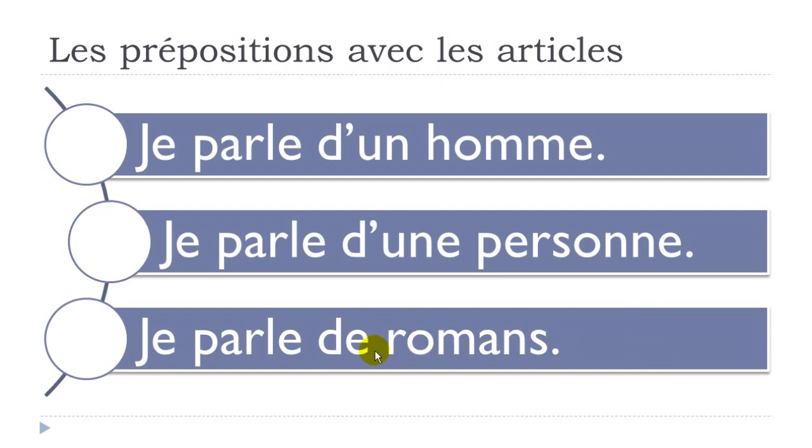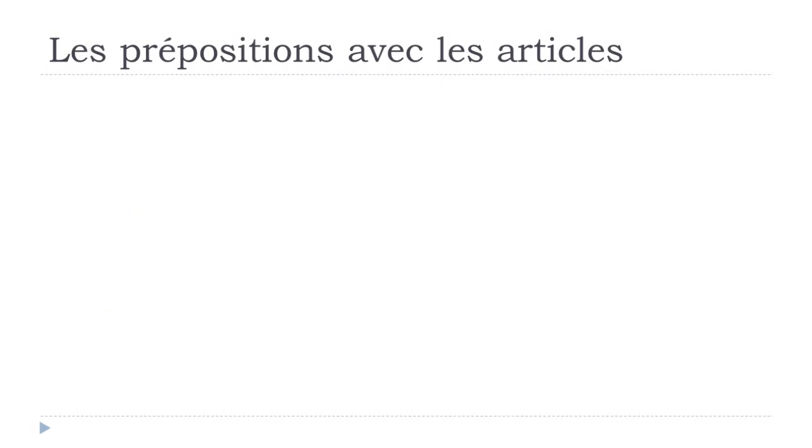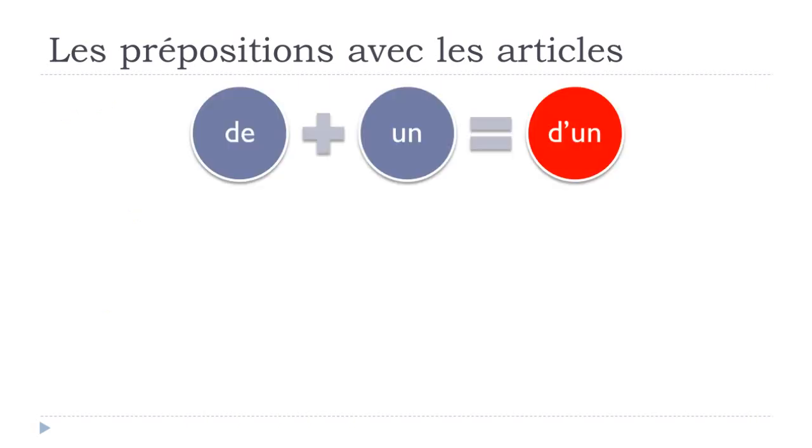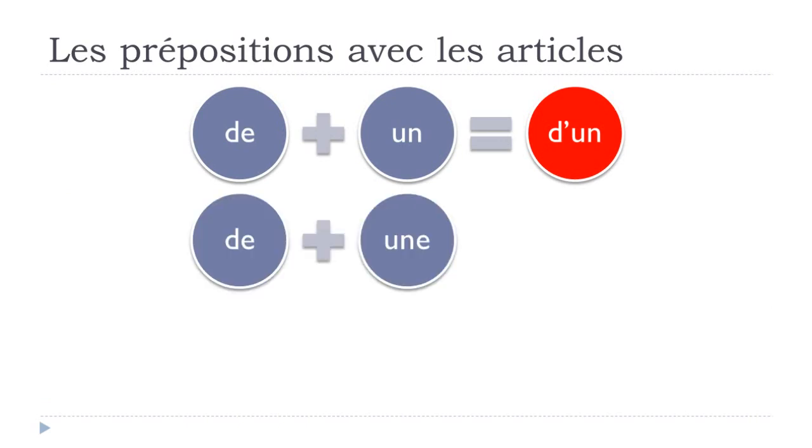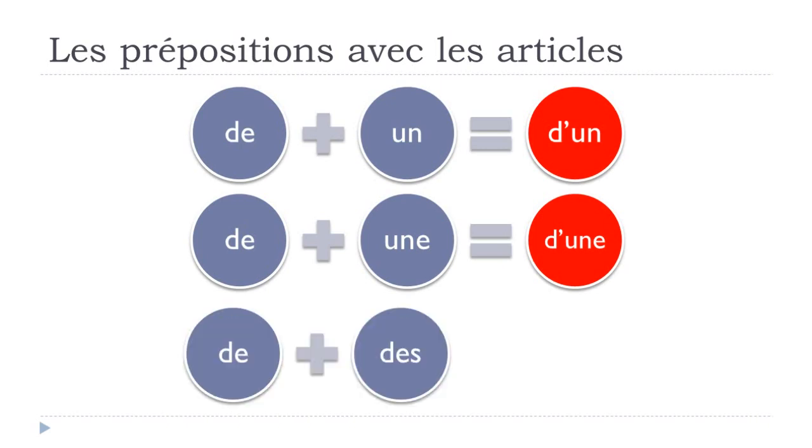In that case, des will be taken away. So remember, de plus un will become d'un. De plus une will become d'une. De plus des will become de. So you will have to take this des away.